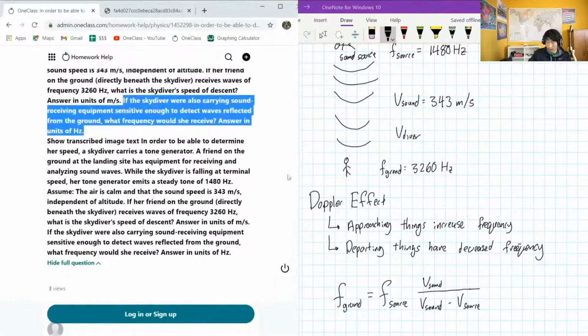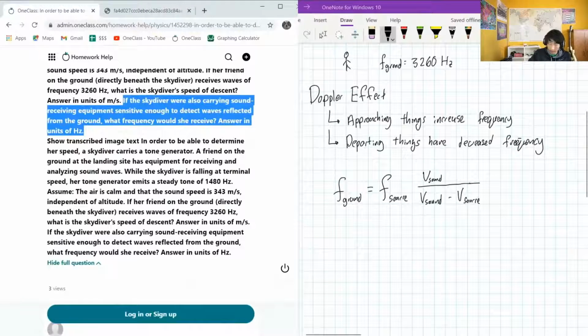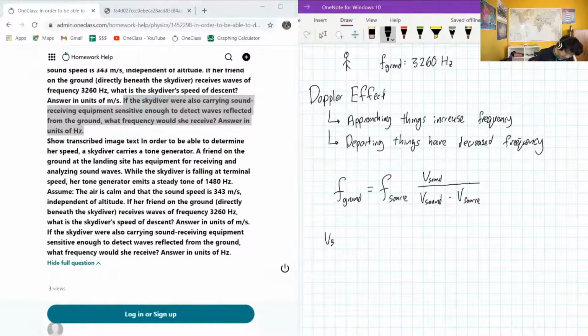Okay, so here we want to isolate V source. To do that, we shall bring it to the other side by multiplying both sides by it. So we have V sound minus V source, and we divide both sides by F ground. So that will be F source over F ground times V sound.